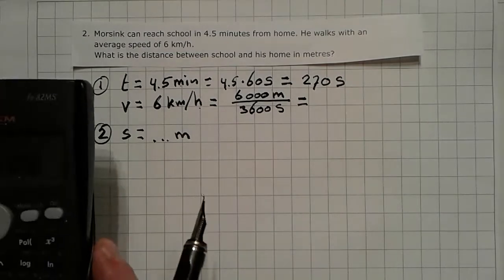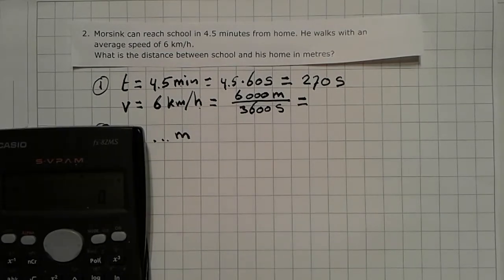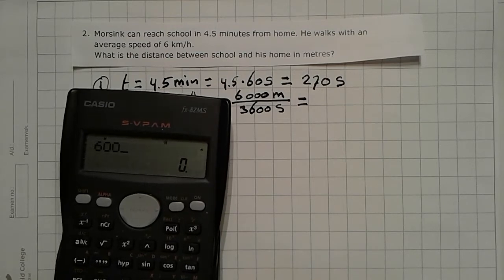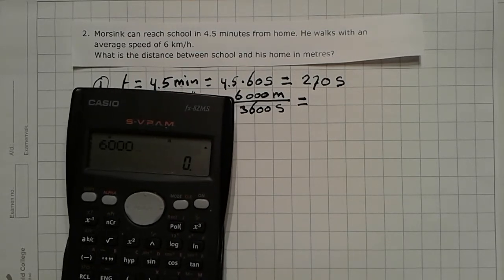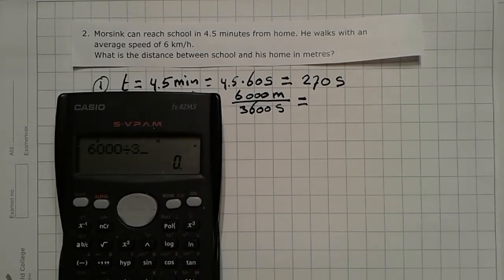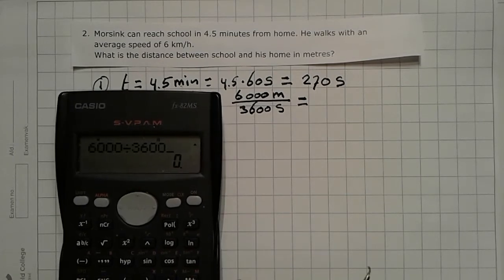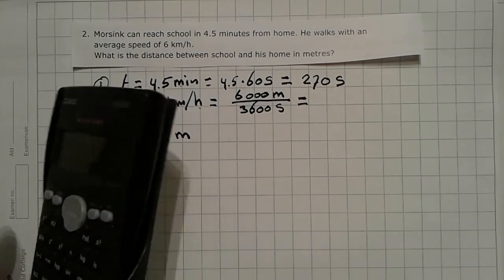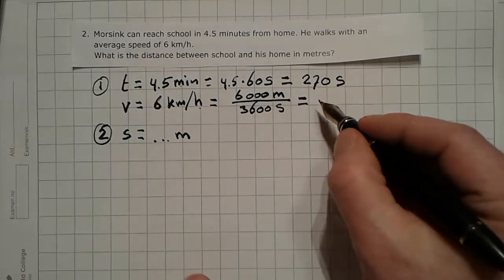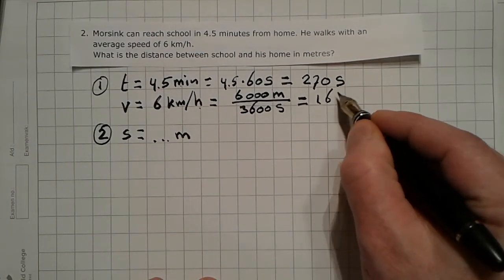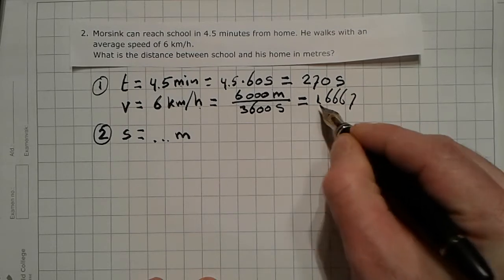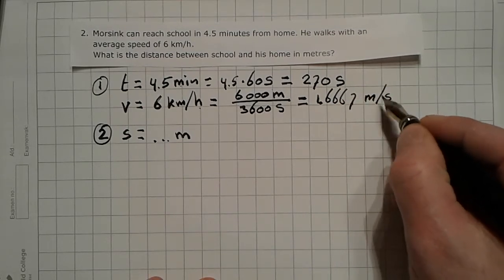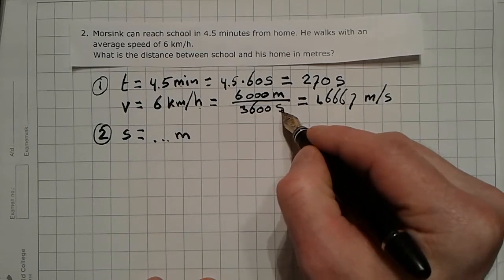So what I have to do now, I will take 6,000 divided by 3,600, and that equals 1.6667 meters per second, because you divide meters by seconds.